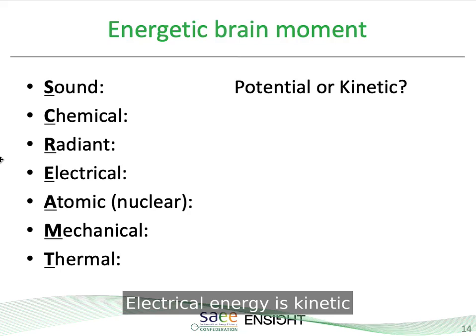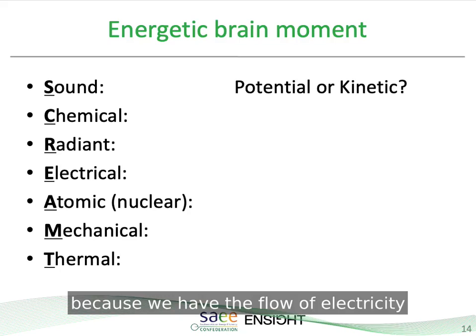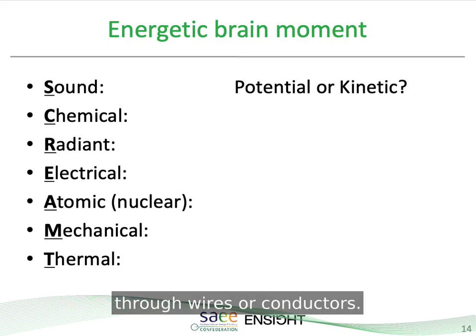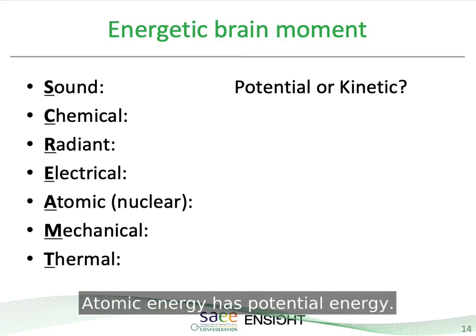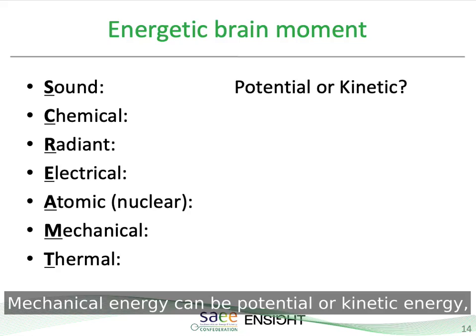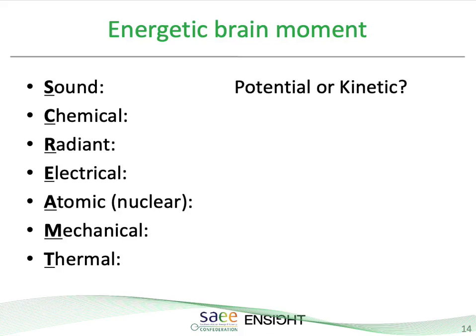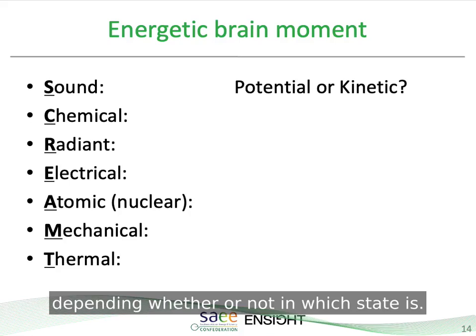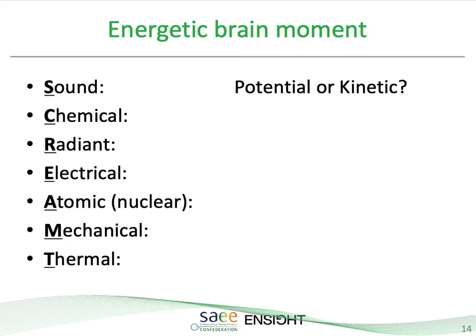Electrical energy is kinetic because we have the flow of electricity through wires, conductors. Atomic energy is potential energy. Energy is waiting to be released as soon as a particle is split. Mechanical energy can be potential or kinetic energy, depending on which state it is in.